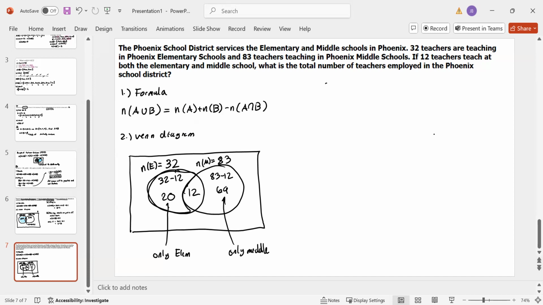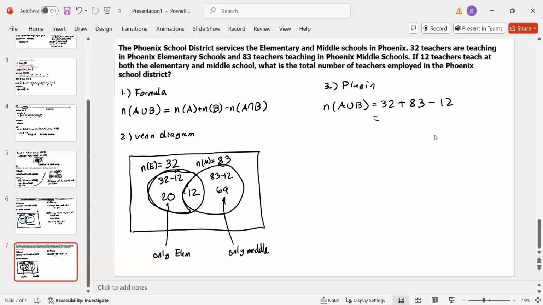And then from there, we can just plug into the formula. So you could do it two ways. You could add up the 20, the 12, and the 69. So I could just do that. But if you just plug it into the formula, okay, what is the total number of teachers employed? It would just be this, which is equal to 32 plus 83 minus the 12.